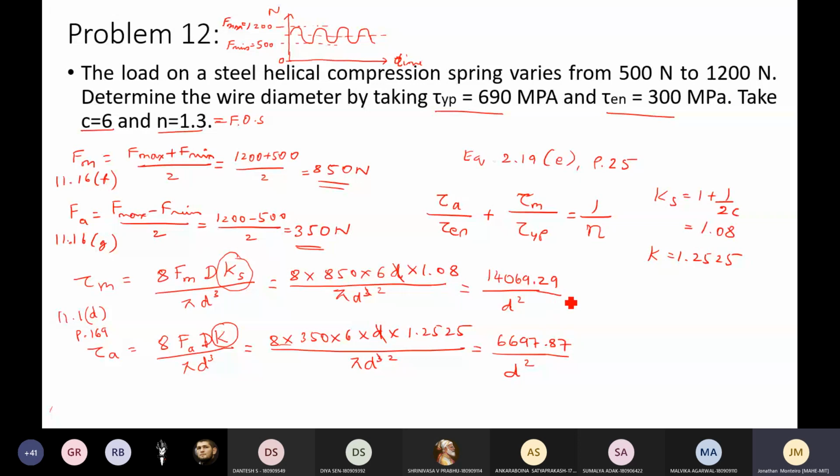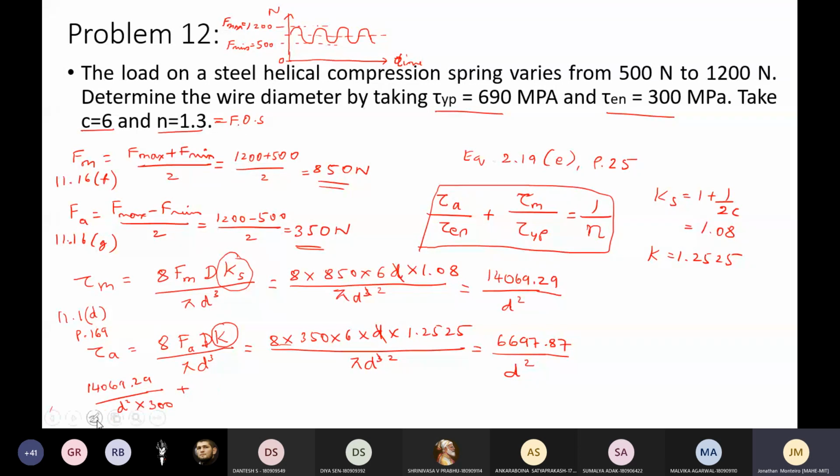Okay, now put it back in the equation. Once you have got these two equations, substitute them in this. So 6697.87 by d square, into sigma tau en, which is 300, unit is no changes, plus tau m.